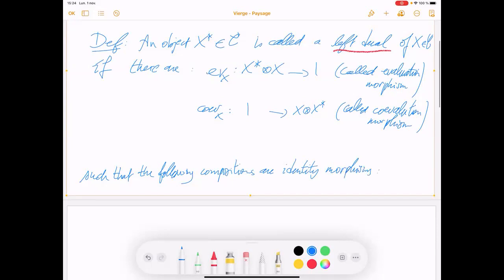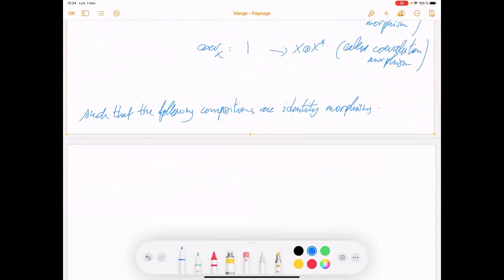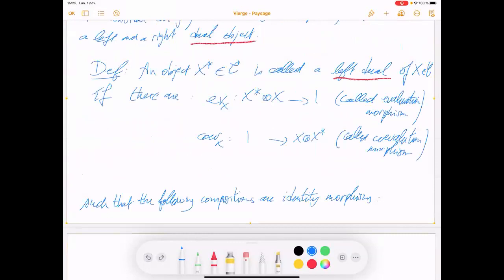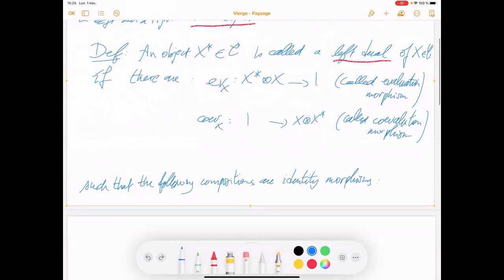So I will write the axiom for being evaluation and co-evaluation, but before, I put some space here. It's not for nothing. I will write pictorially how we can write. So maybe I will take a color, red, like that.